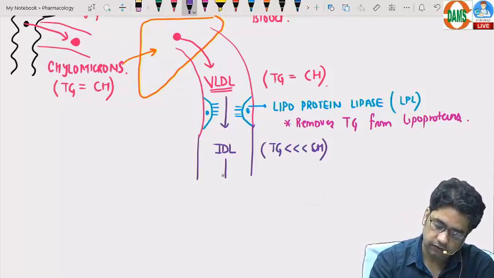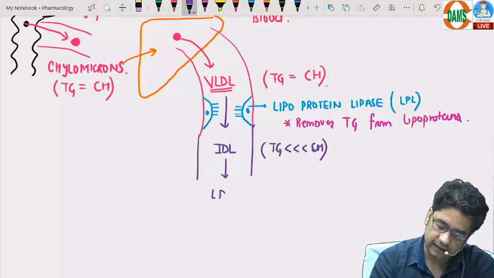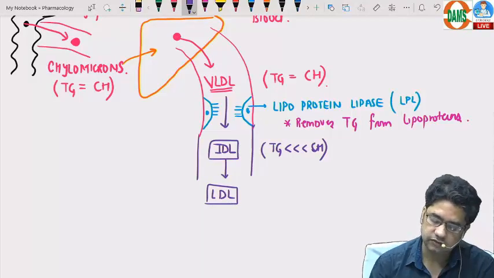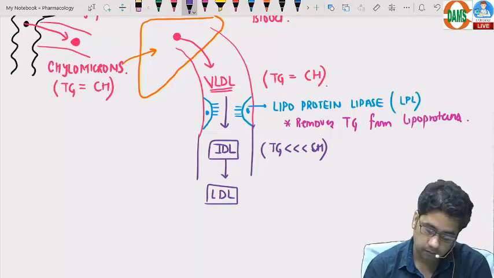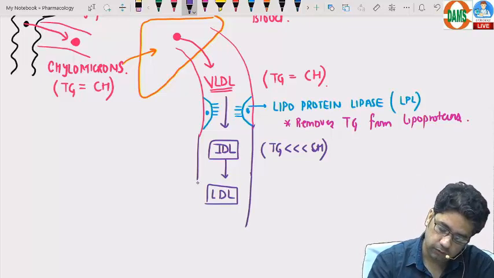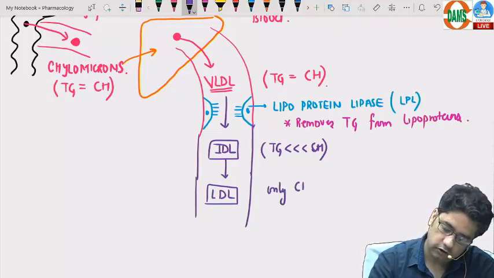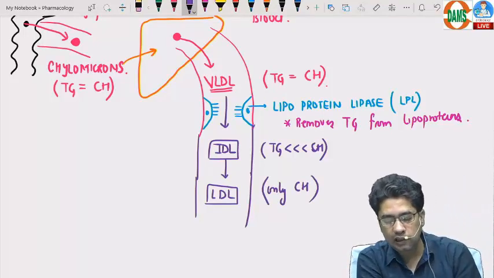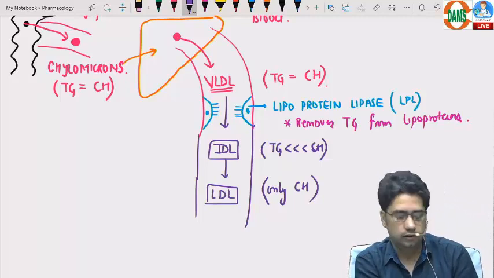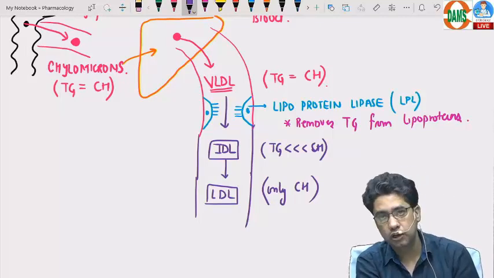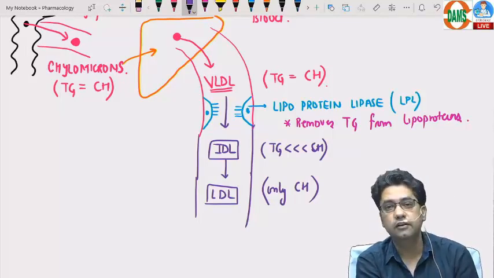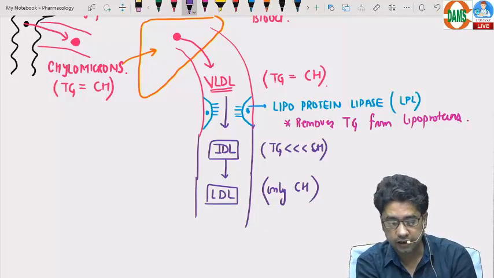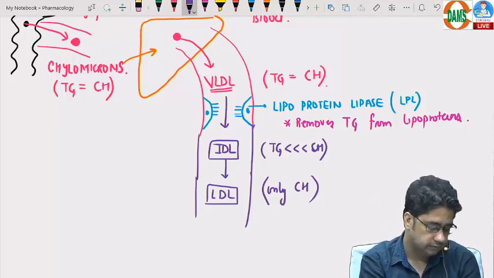And finally, what is produced is LDL. LDL stands for low density lipoprotein, and low density lipoprotein contains only and only cholesterol. समझ आ गई बात? मुश्किल है ये? Do you think it's difficult? No, it's very easy.